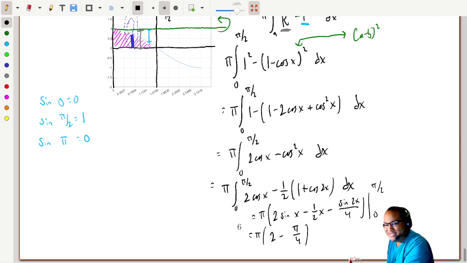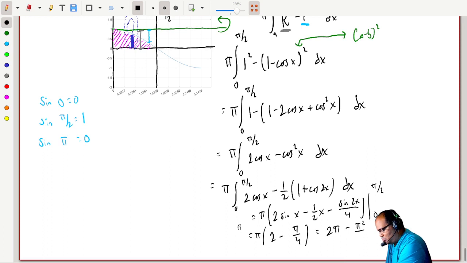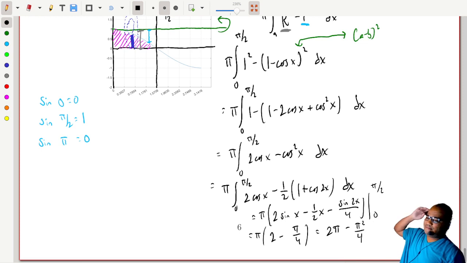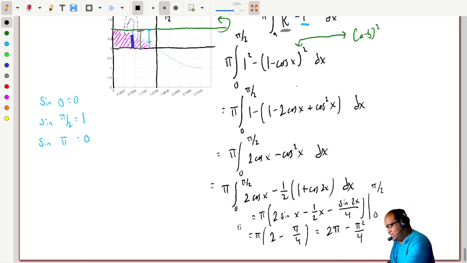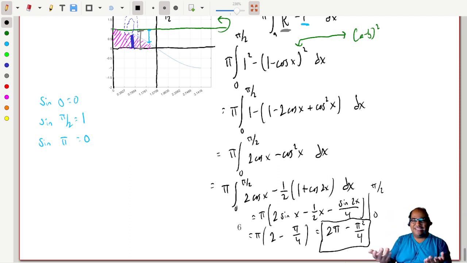And then when I plug in 0, I just get zeros. So what's my volume? It is 2 pi minus pi squared over 4. Isn't that pretty? Wasn't that straightforward?